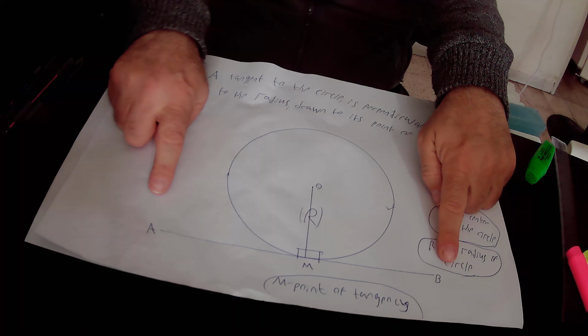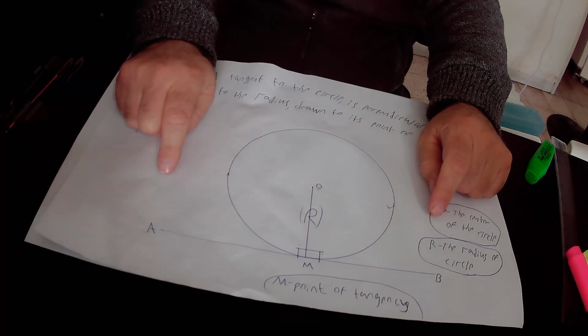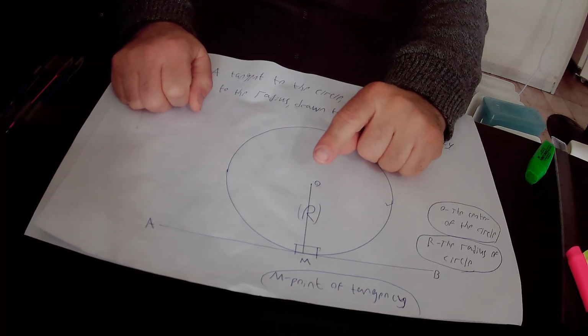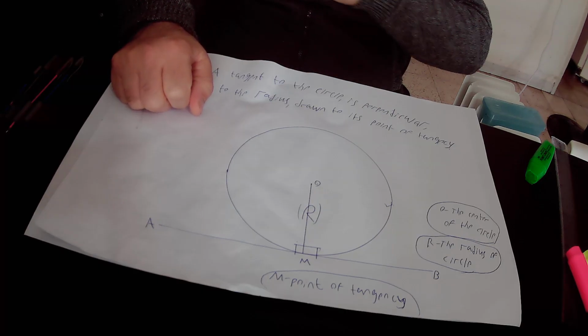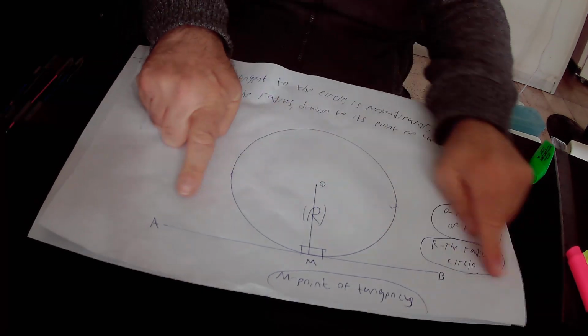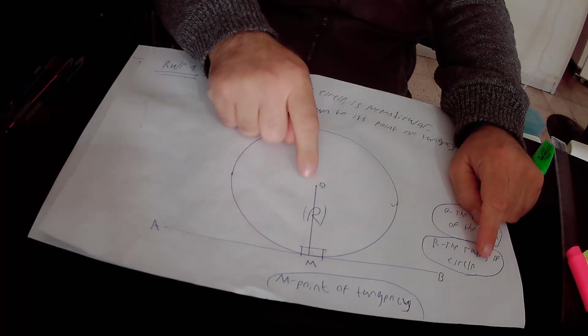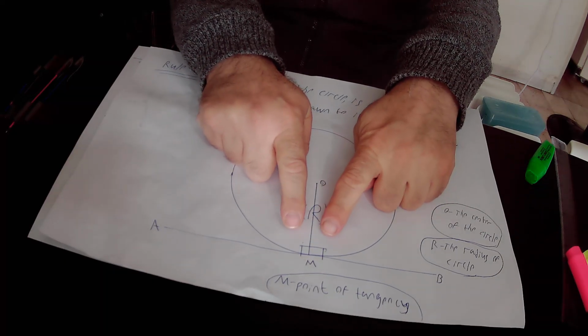We have here tangent AB, that is tangent to this circle at point M, and we have the radius OM that is drawn to point M, the point of tangency of tangent AB with this circle. And whenever you have a radius drawn to the point of tangency, then tangent AB will be perpendicular to the radius MO. If AB is perpendicular to MO, it means that this angle equals 90 degrees, and this angle also equals 90 degrees.